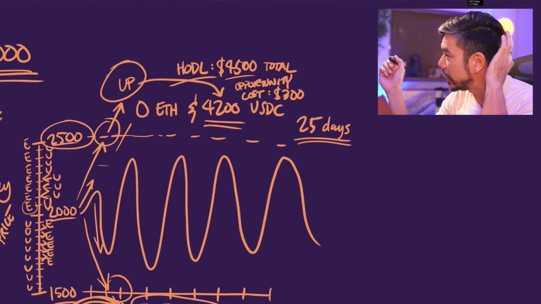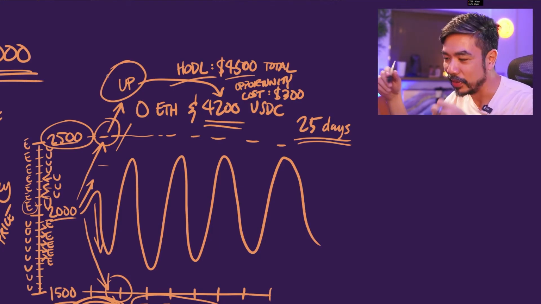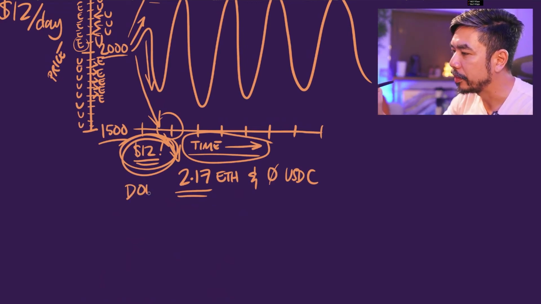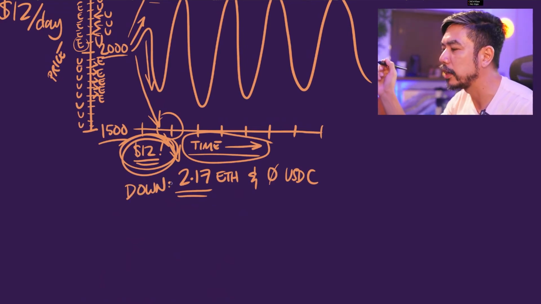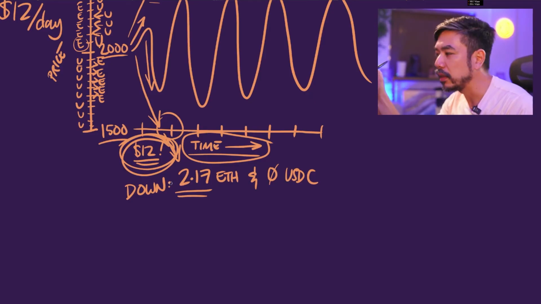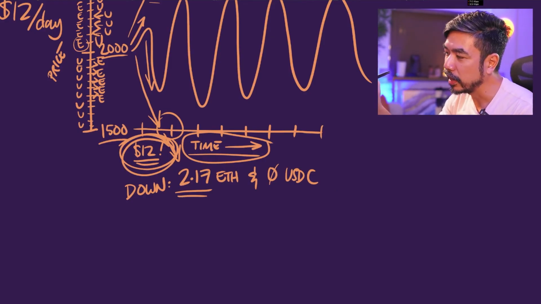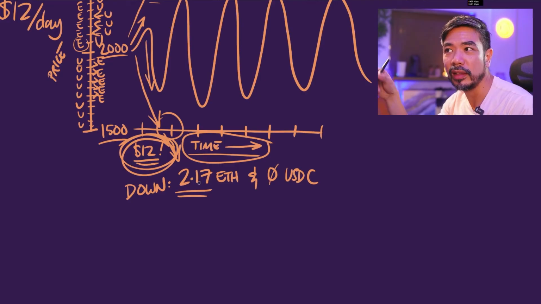Now, there is also the down scenario, and that one is a little bit tougher. So in the down scenario, remember, we end up with 2.17 ETH and no USDC. And remember that we started with 1 ETH. So maybe you're thinking, oh, actually, yeah, 2.17 ETH, that's better, right?